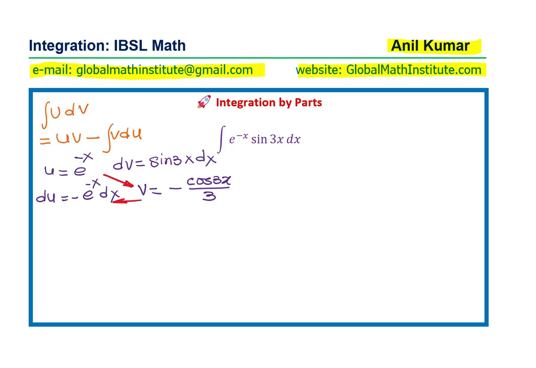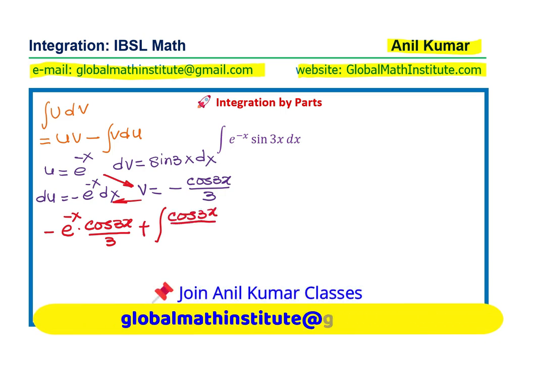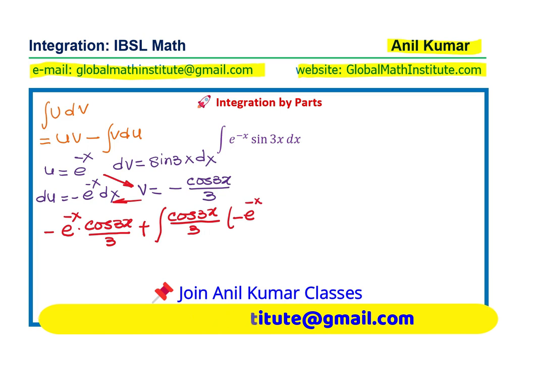So let's rewrite the integral as uv, which is minus e to the power of minus x cos 3x over 3, minus the integral of v, which is minus cos 3x over 3, so I'm making this positive, times du, which is minus e to the power of minus x dx.